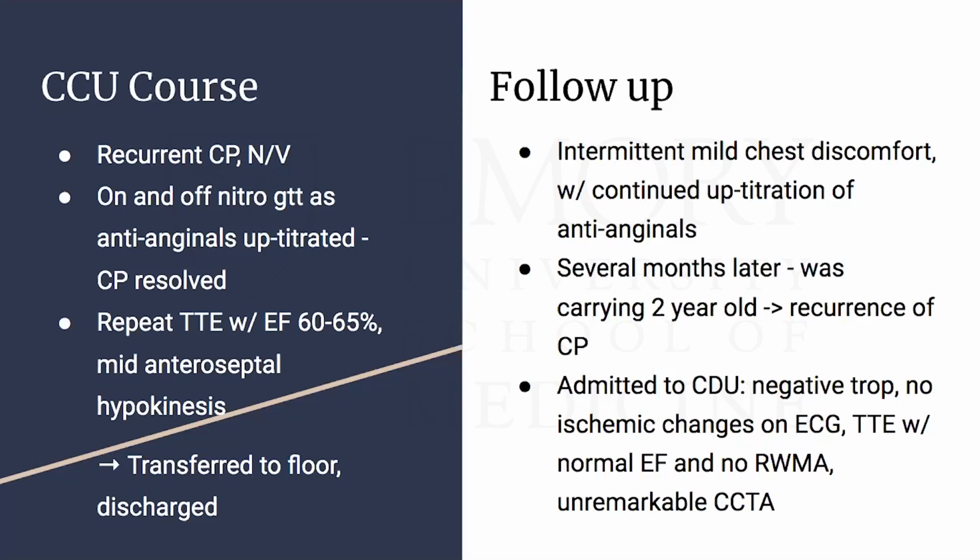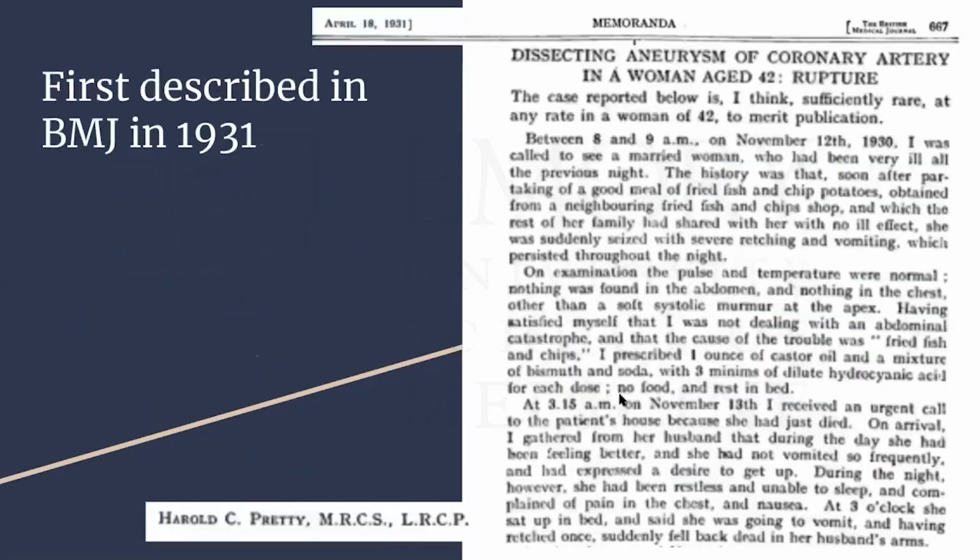And before we go into the pathophysiology and management of SCAD, I want to go back to the first suspected description of SCAD in the literature that I found interesting. So this was actually an article published in the British Medical Journal in 1931. And here the physician describes the case of a 42-year-old woman who had reported upper abdominal pain, nausea, and vomiting, to whom he attributed her symptoms to bad fish and chips from the night before.